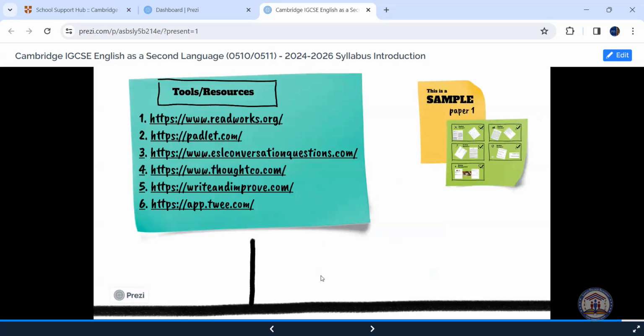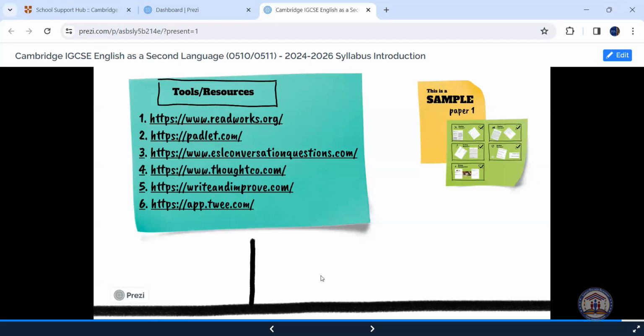Here are the resources that you can use to find tests and information about the IGCSE English as a Second Language, Cambridge, and to find past papers, because past papers are very important. But all the past papers you will find now will follow the old syllabus, not the new syllabus at all.